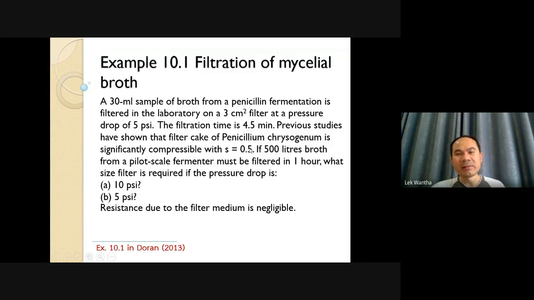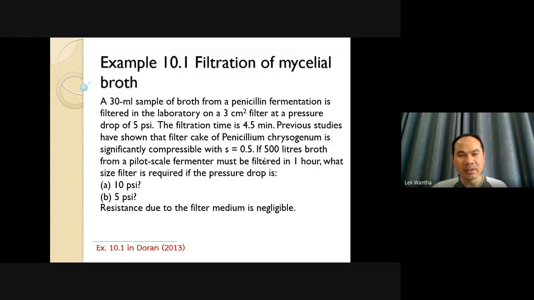The question is, if we scale up from a 30 milliliter sample to 500 liters of broth, we call this our pilot scale fermenter. In the lab scale we only operate with 30 milliliters of fermentation broth, but now we would like to operate with 500 liters. We will filter within 1 hour, or 60 minutes. The question is what is the size, that is, what is the area of the filter?